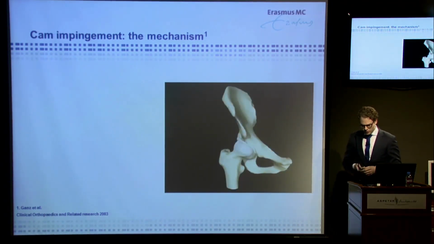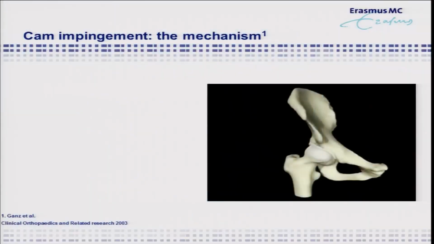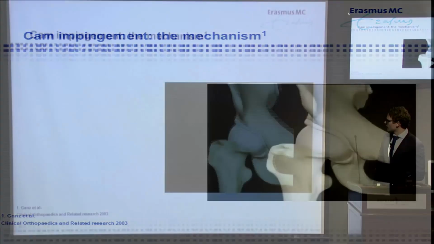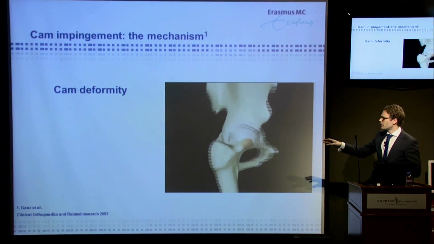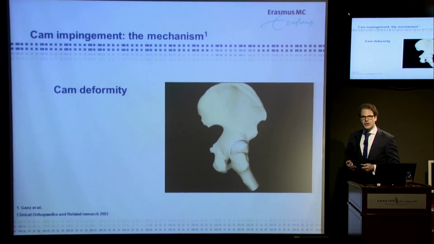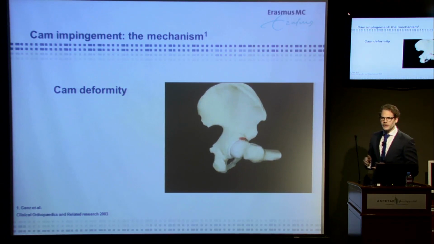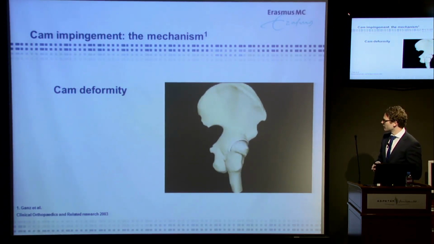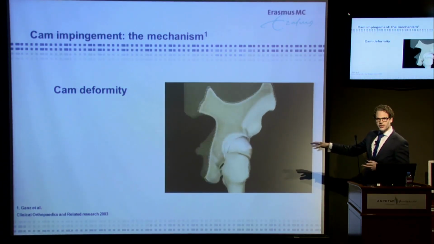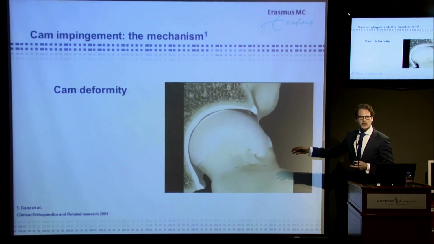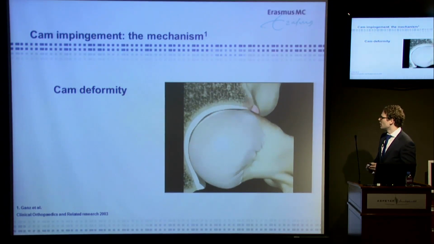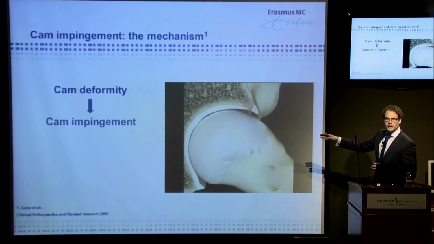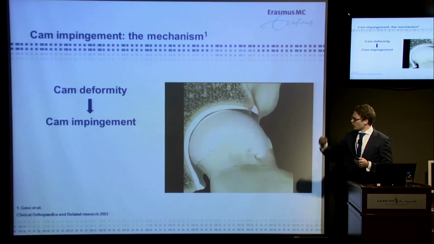So then cam impingement. I will show you the mechanism of cam impingement by this clip. Here's the proximal femur. There's the cam deformity, the extra bone formation. It's mostly located in the anterolateral part of the femoral head-neck junction. And during hip motion, and because of the location of the cam deformity, mostly during flexion together with internal rotation, there might be an impingement between the cam deformity and the acetabulum.